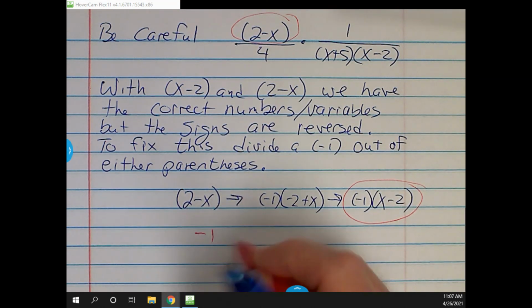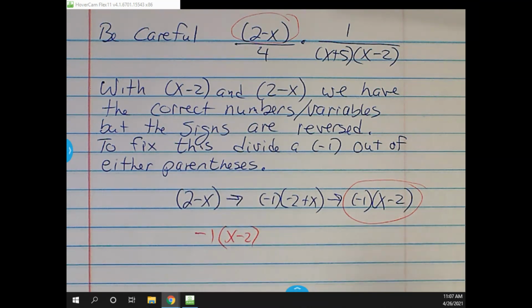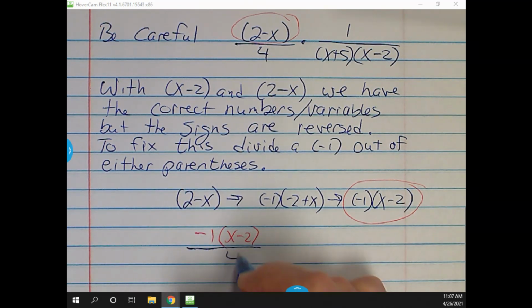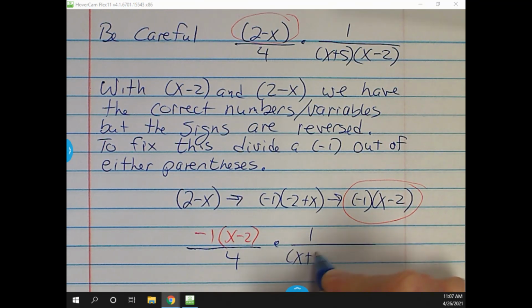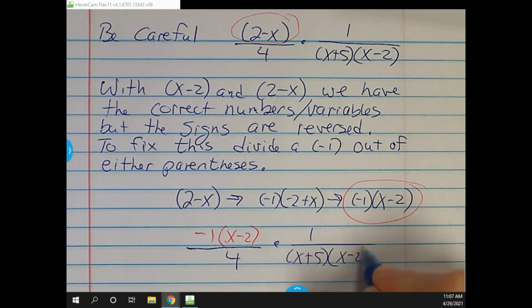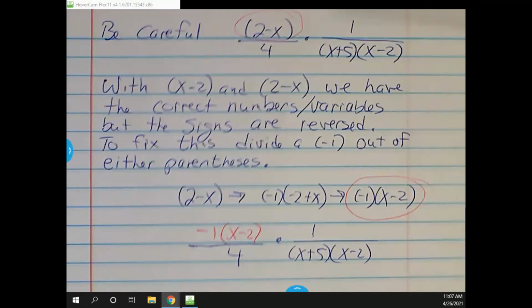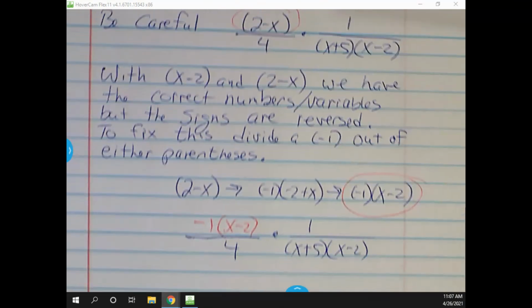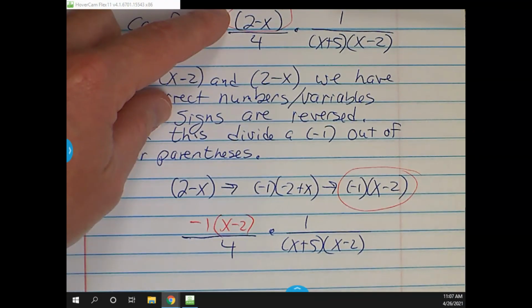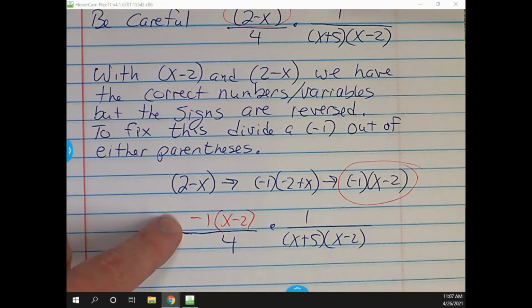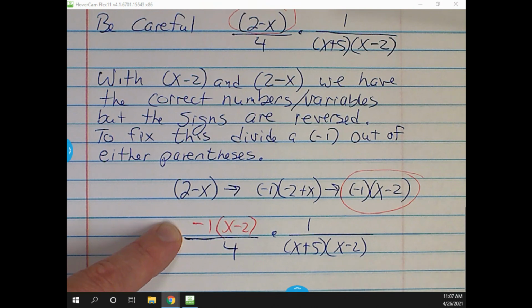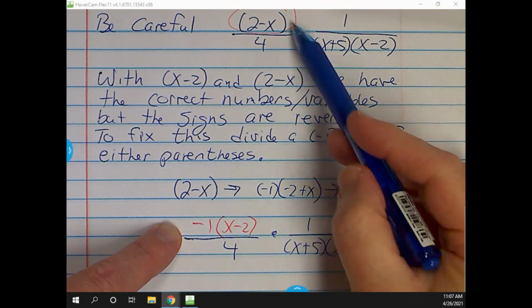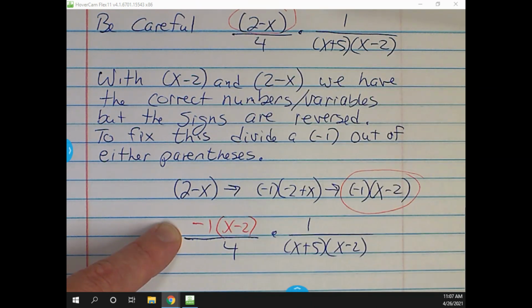So now we've got negative 1 times x minus 2 over 4 times 1 over x plus 5 and x minus 2. We're taking out the 2 minus x and rewriting it as negative 1 times x minus 2. Again, it's just taking out the negative 1. That reverses everything, so now you can put the x first and the 2 second.